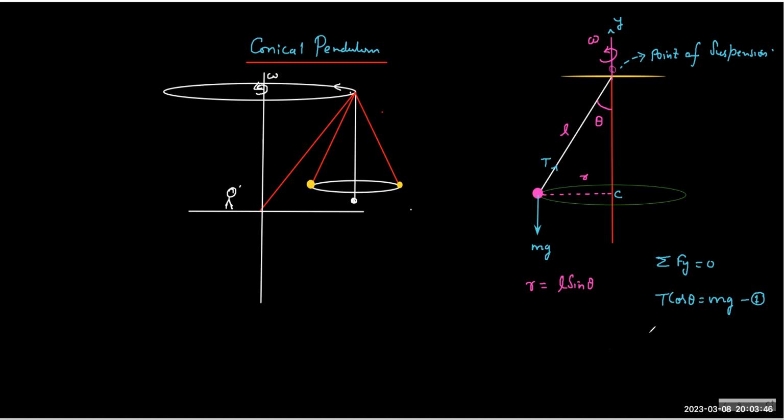But we were not going to use the v square, though we can, because omega is given, we should use omega. So what do we write in terms of omega? T sin theta equals m omega square into R.